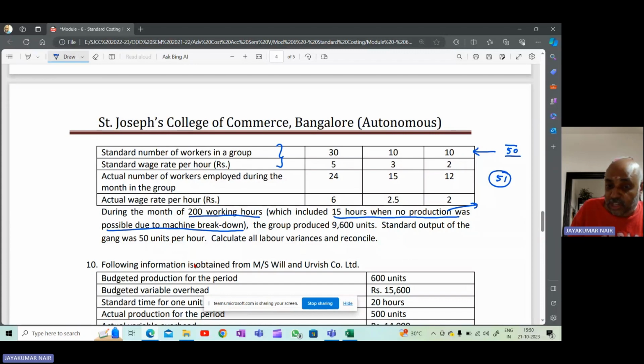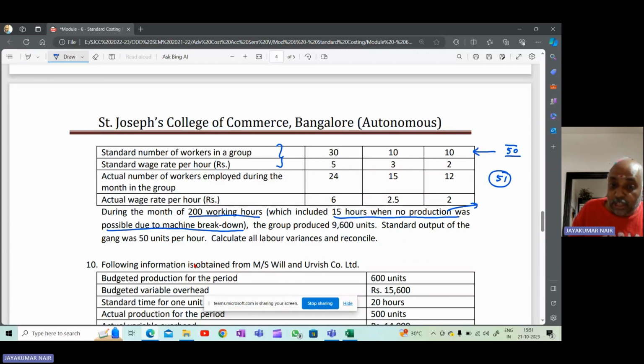Because of the machine breakdown, they did not work for you, but you have to pay them because it is your default. So this is actually idle time. Because the machine broke down, they could not engage in actual production, but still you have to pay for 15 hours.